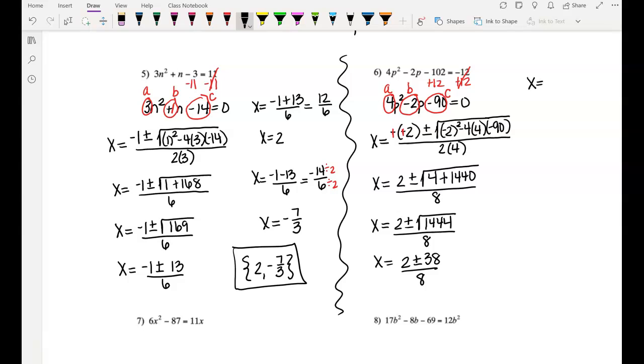So x equals 2 plus 38 divided by 8, which is 40 divided by 8. So x equals 5. And then x equals 2 minus 38 divided by 8, which is negative 36 over 8.